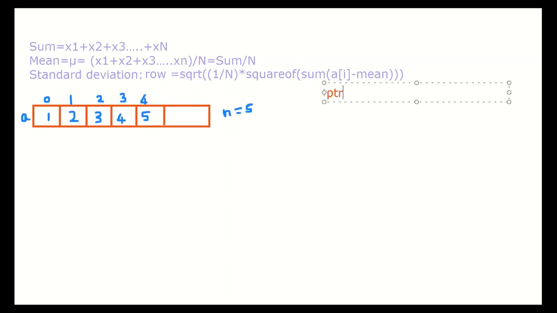We have done ptr is equal to a. That means ptr holds one more memory location. Suppose the address of a is starting at some number, say 2000.